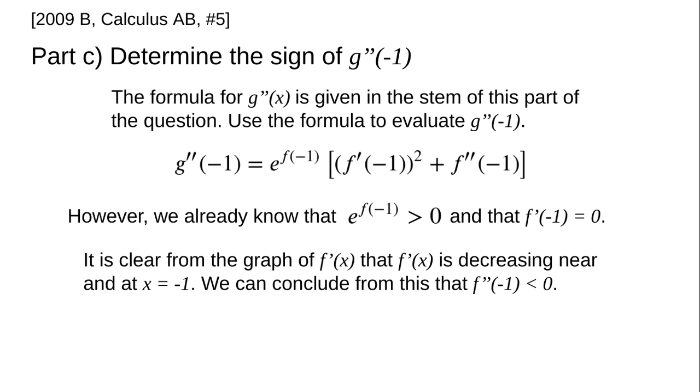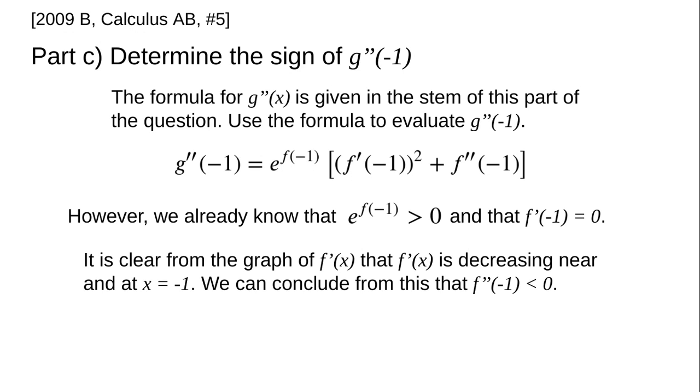So on the outside, the e to the f of negative 1 factor is positive. F prime of negative 1 is 0, so the f prime of negative 1 squared is also 0. So the only thing remaining inside the group is f double prime at negative 1. And if we look at the graph of f prime, we can see that f prime is decreasing near and at x equals -1.